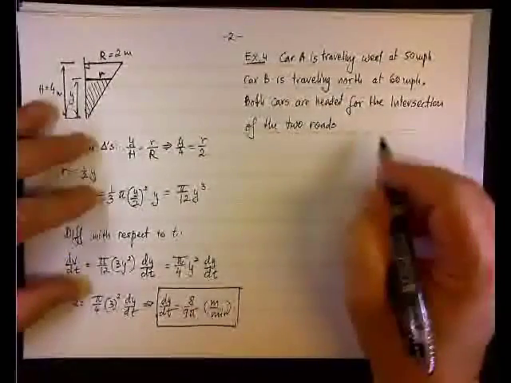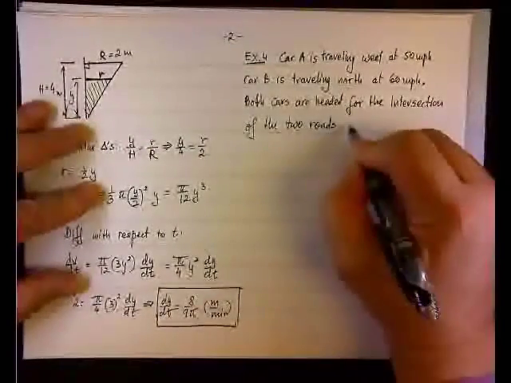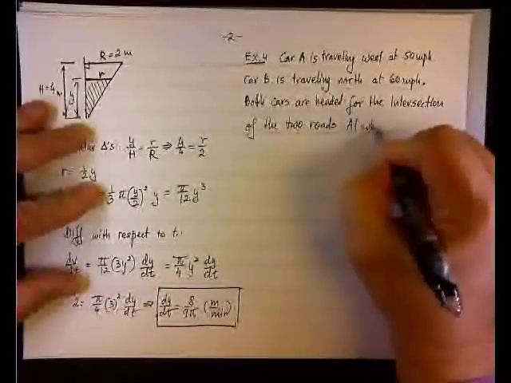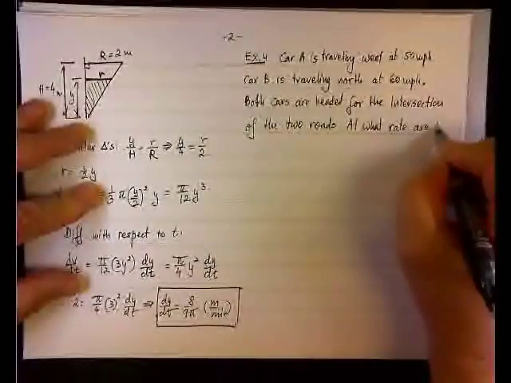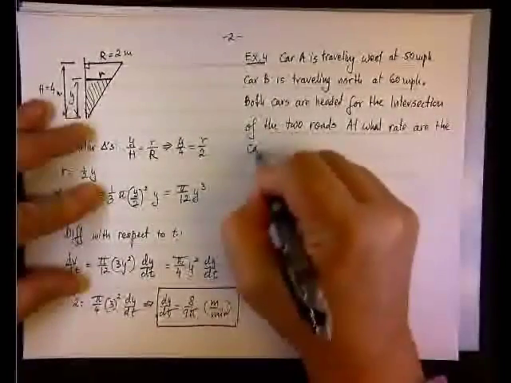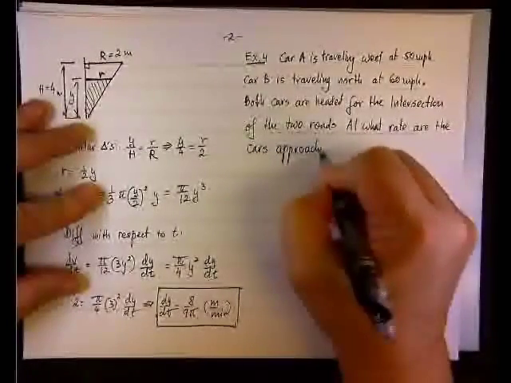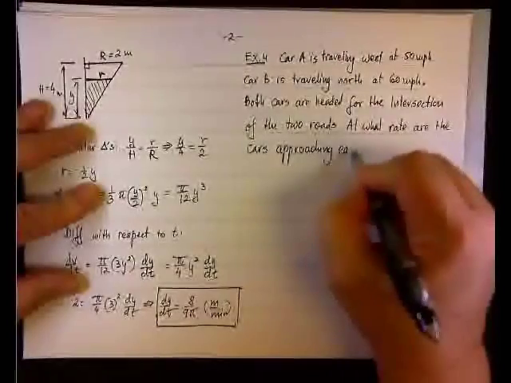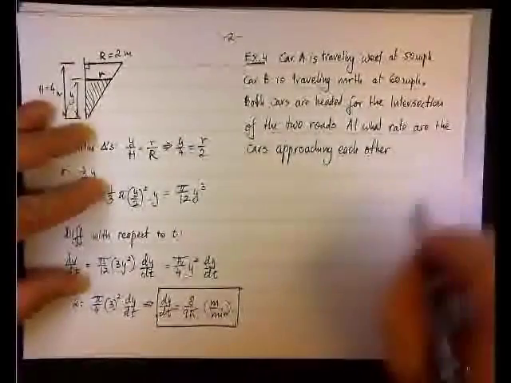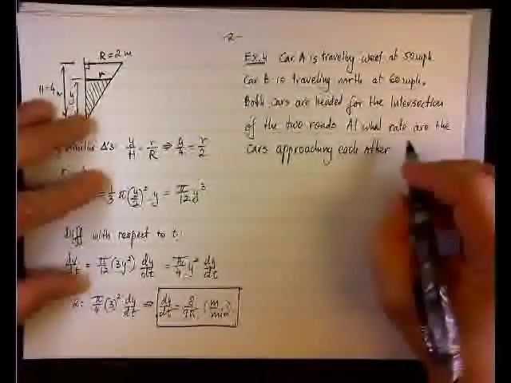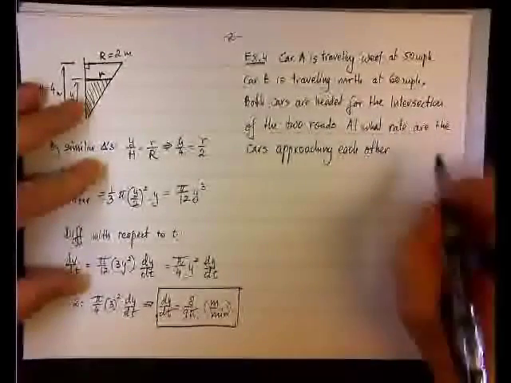So, at what rate are the cars approaching each other? When car A is 0.3 miles from the intersection, car B is 0.4 miles from the intersection.